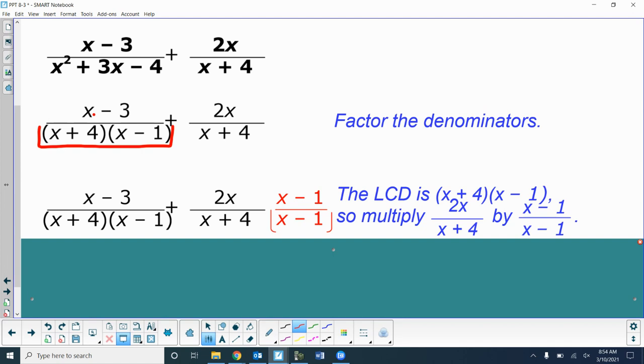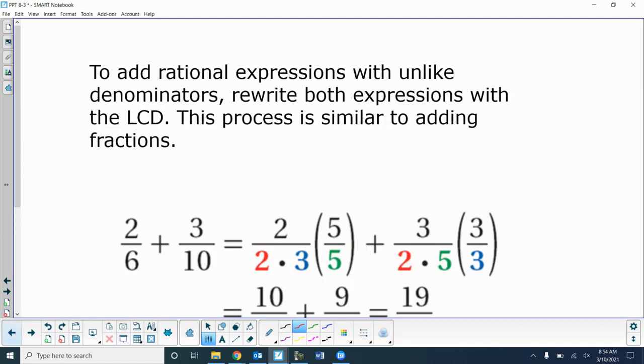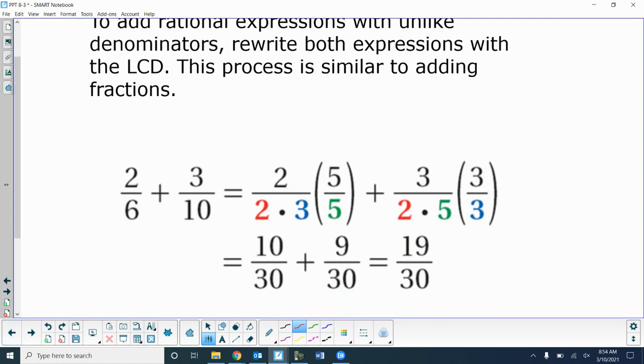To be the same. So I multiplied the x plus 4 times x minus 1. I have to do the same thing to the numerator. Isn't that what we did back here? What did I multiply 6 by to get 30? 5. So I multiplied 2 times the same thing to get to 10. Right? Isn't that what we did?